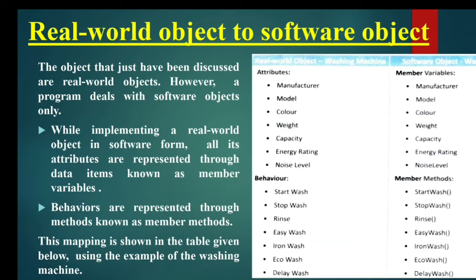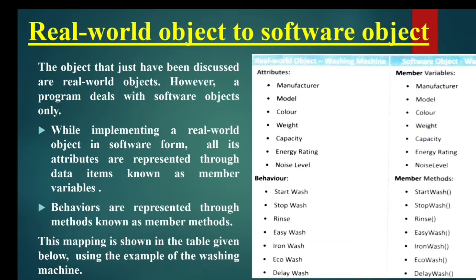In the left side column we have real world object and in the right side column we have software objects. Here the attributes are called the member variables and the behavior is called the member method, that is action. Characteristics of an object is called member variables and the behavior of an object is called member methods.